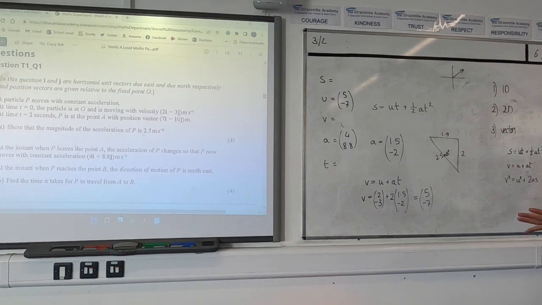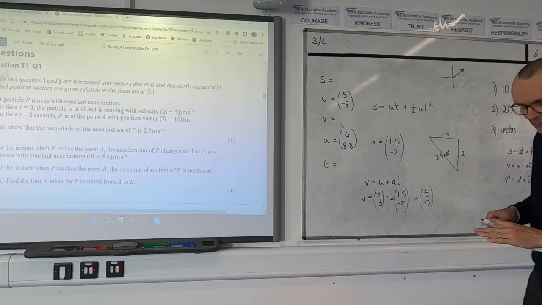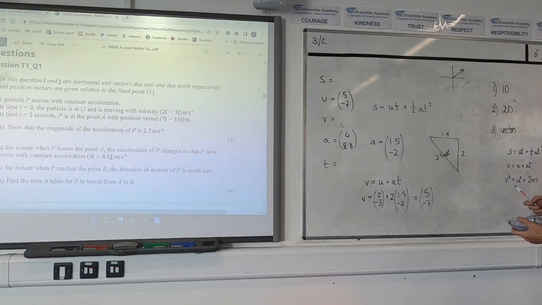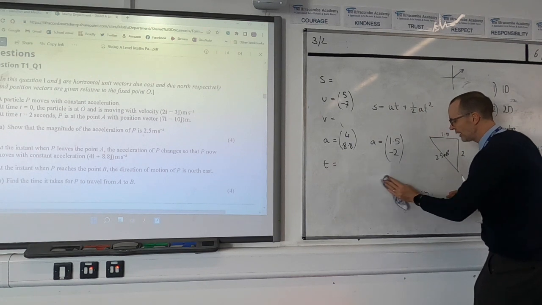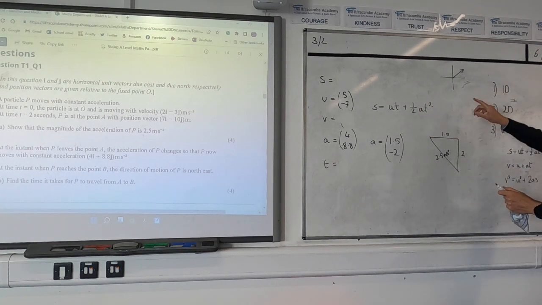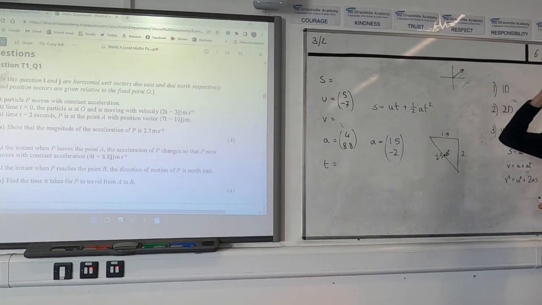And we're asked to find time. And there's a subtle trick here that we need to be able to work out in order to answer this question. Can anyone tell me what I know about its speed as a vector if it's travelling northeast?